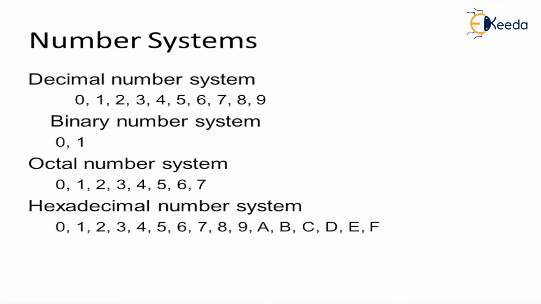The octal number system is represented in the form of 0 to 7. And hexadecimal is from 0 to 15, so it's 16 symbols. Now, for the octal number system, you should remember that octal is from 0 to 7, and when a binary number gets converted into octal form, you form a group of 3 bits. So we'll be seeing all of these with an example.